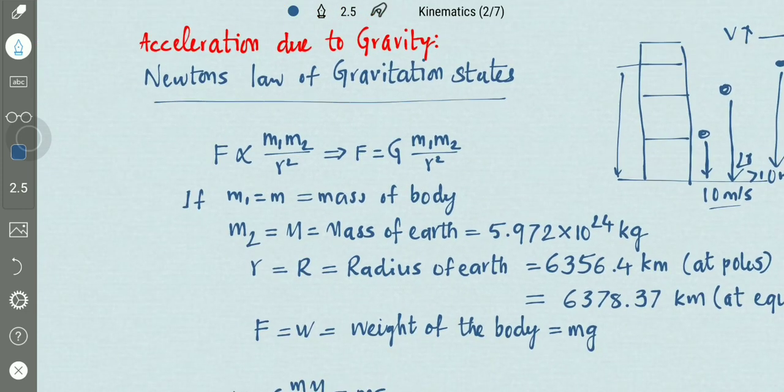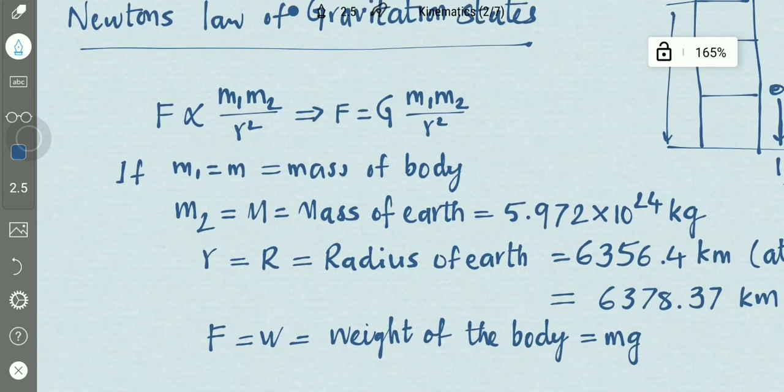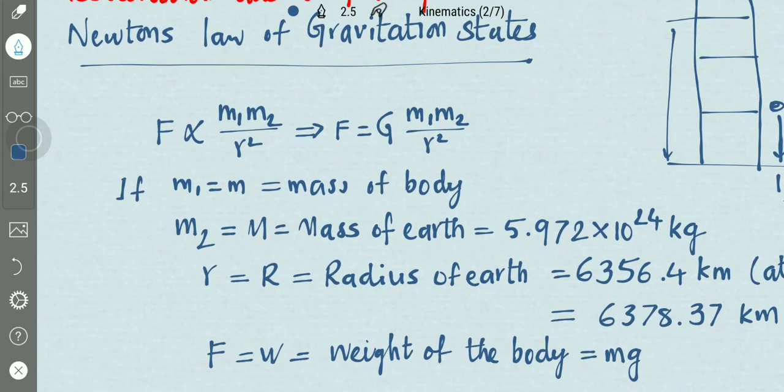So Newton's law of gravitation, what does it state? Every body attracts every other body, and the force of attraction is directly proportional to the product of masses, and it is also inversely proportional to the square of the distance between them. So this we have seen in the first chapter, right?